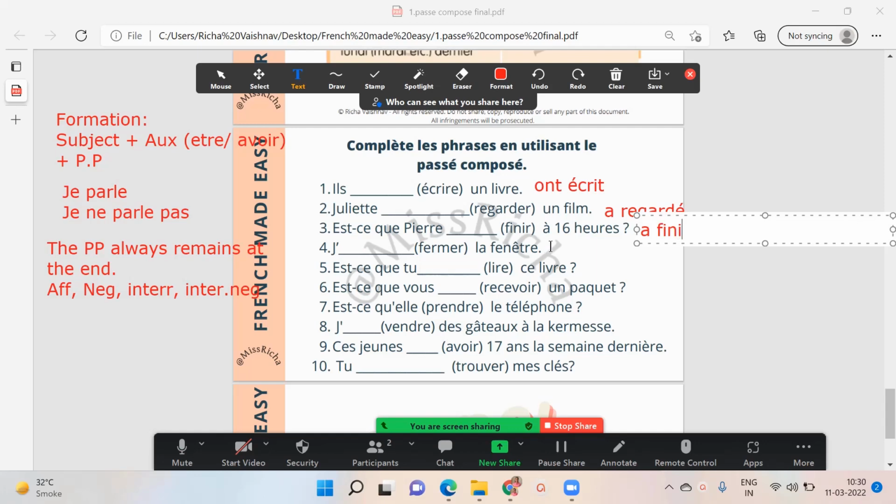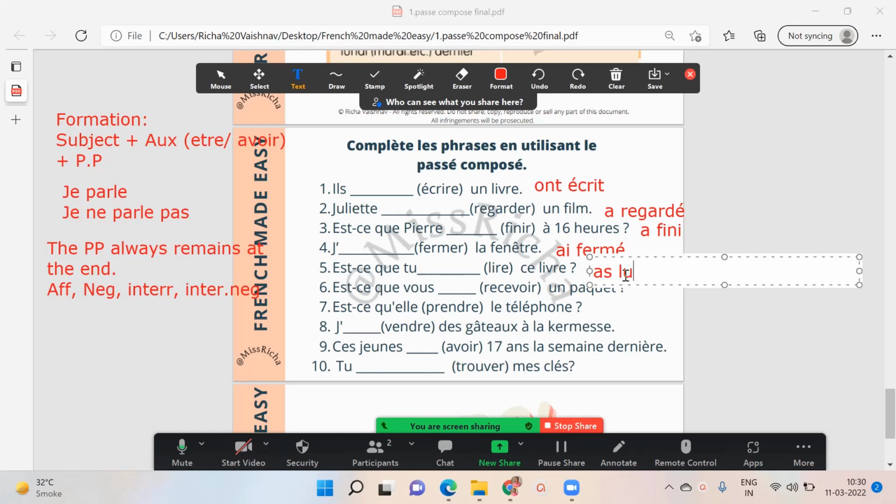Next will be j'ai fermé la fenêtre. Très bien. J'ai fermé. I closed the window. Okay. Next will be est-ce que tu as lu? Yeah. Now, lire is the irregular verb.